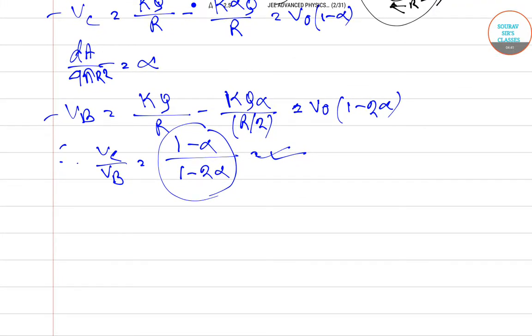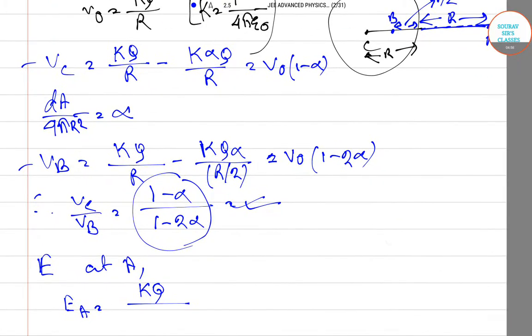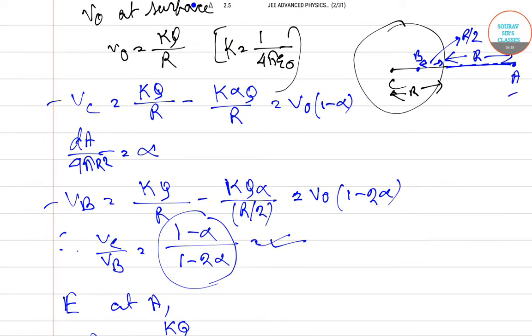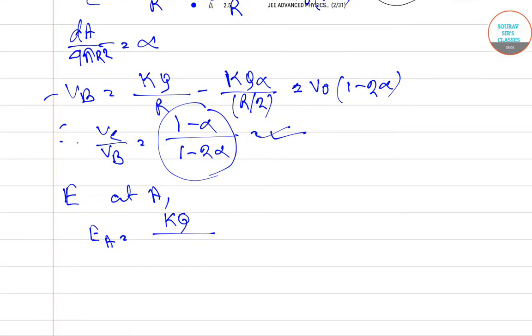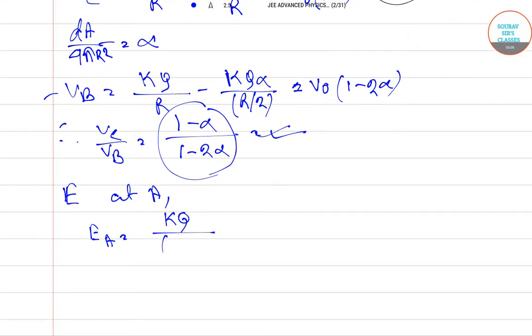If I calculate the electric field at point A, then EA is equal to the electric field at point A. For the point A the radius is r and r. This is 2r. R plus r is 2r. 2r whole square minus k alpha q r square.